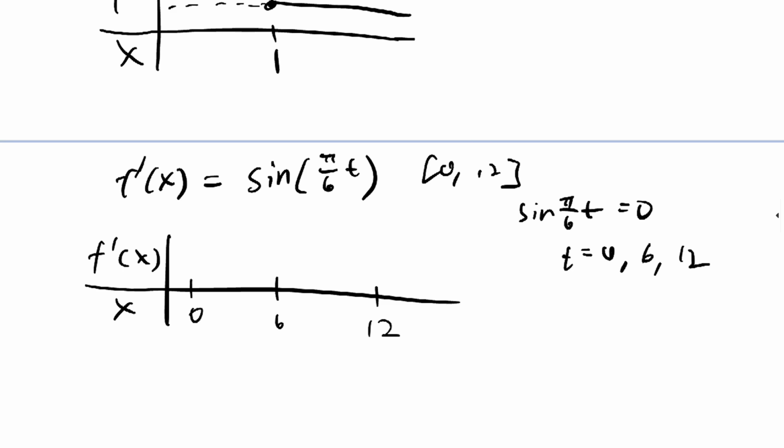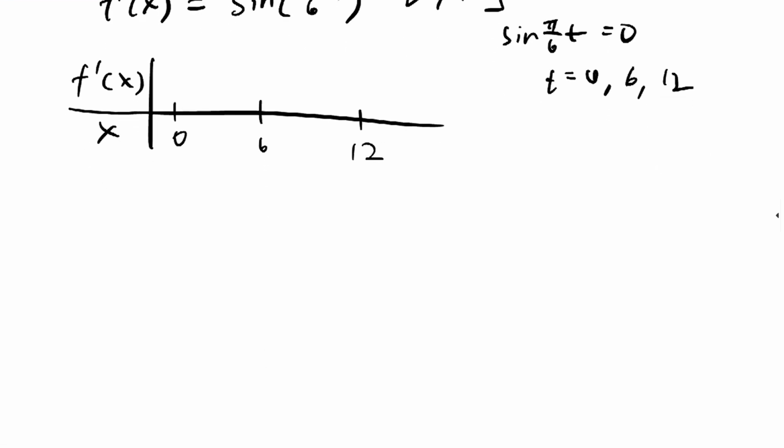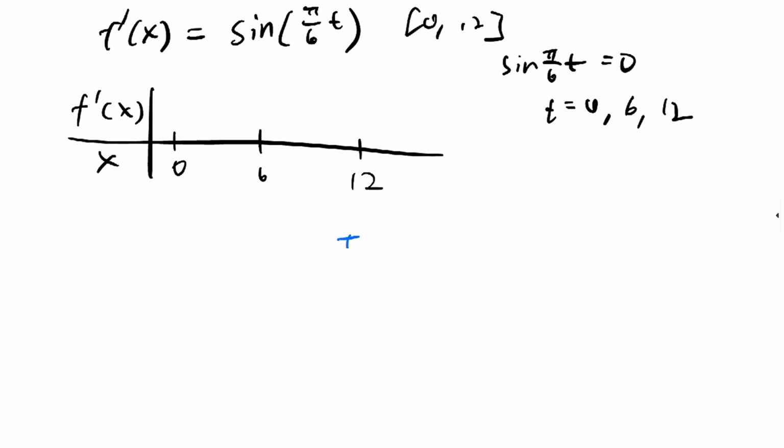In this case, you either know it or you don't, in terms of the graph. So it's kind of hard to visualize what the graph's going to look like here. If you did know, you would have to do 2 pi over b using b as pi over 6 and do all that stuff.